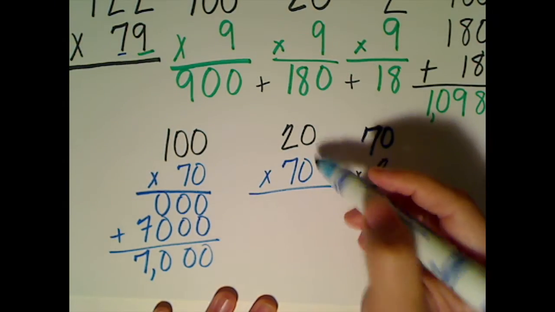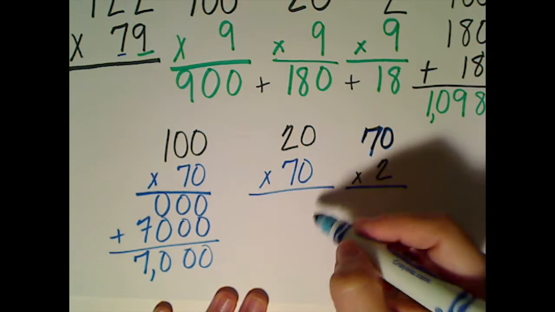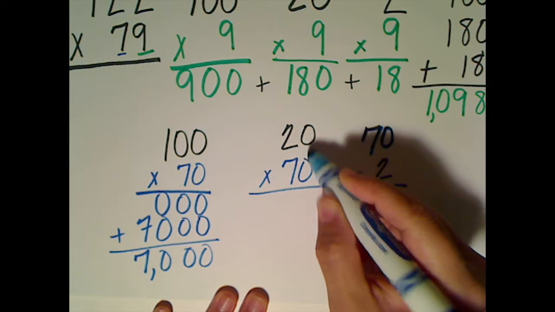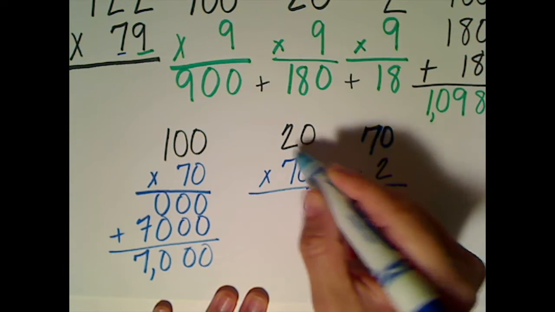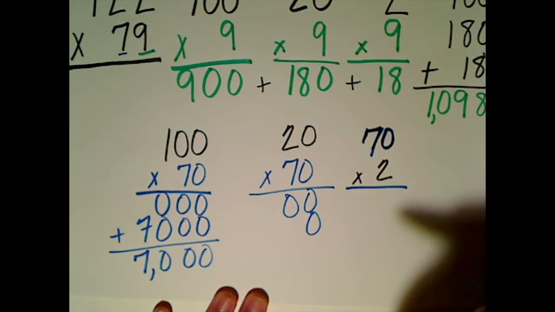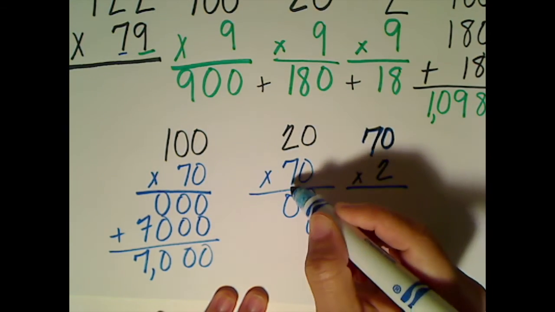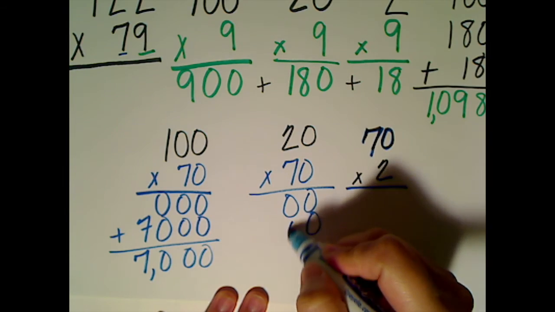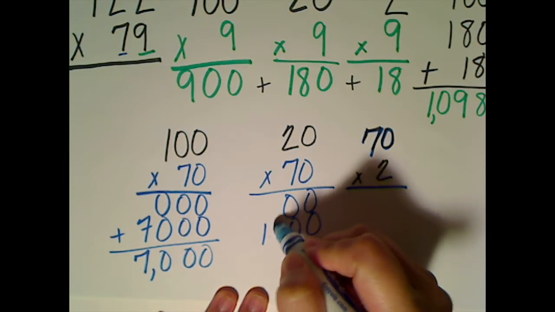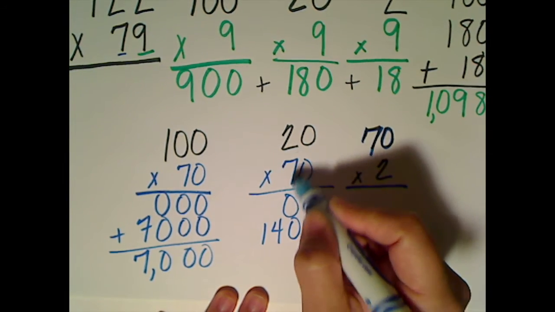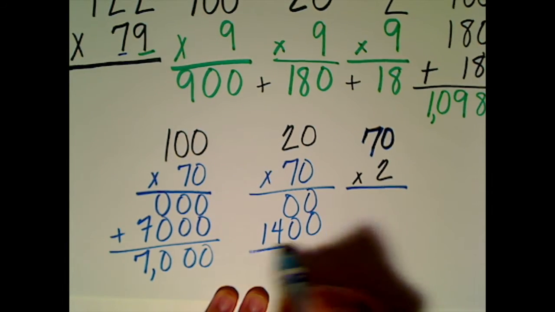Now, let's do the 20. 0 times 0 is 0. 0 times 2 is 0. Put your 0 in the place value, move on to the 10. 7 times 0 is 0. 7 times 2 is 14.